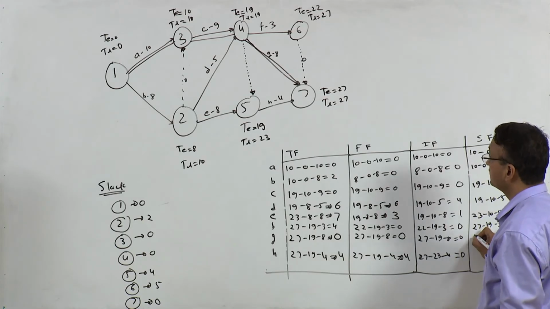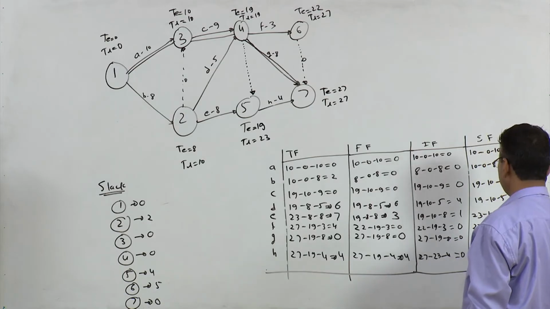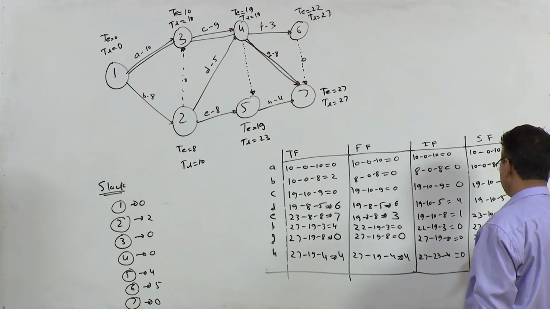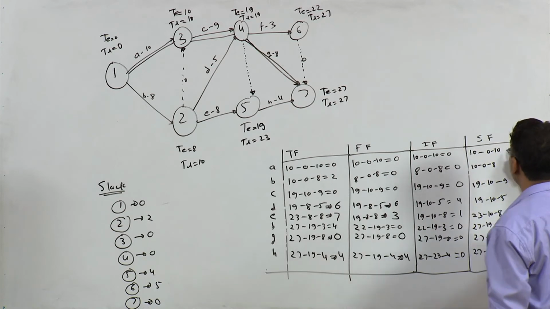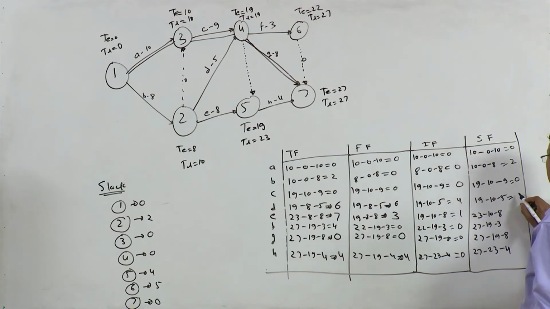Then for G, it is 27 minus 19 minus 8, and finally for activity H, it is 27 minus 23 minus 4. So this is 0, this is 2, this is 0, this is 4, this is 5, this is 5, this is 19 and 8, this is 27, so this is again 0, this is also 0.